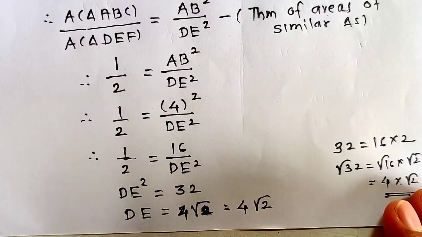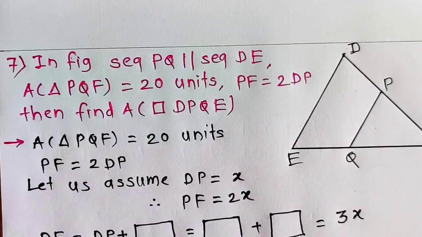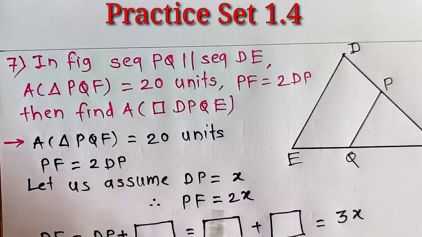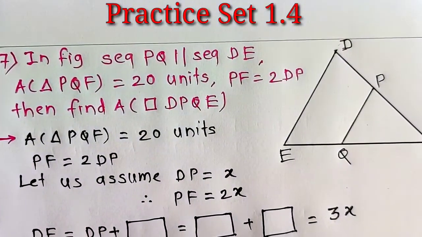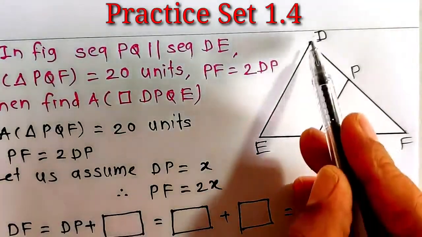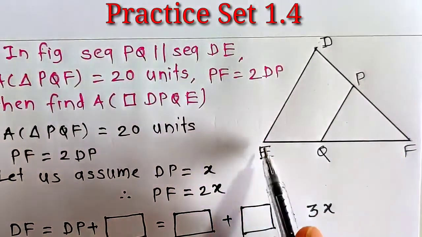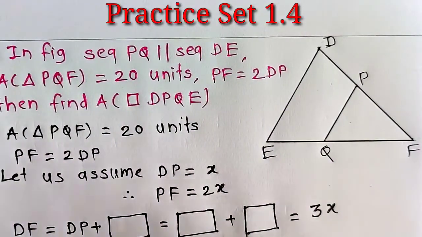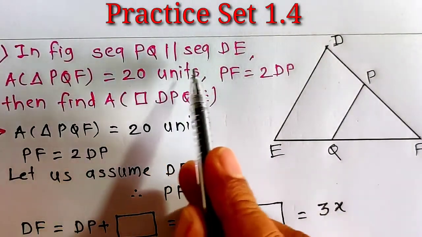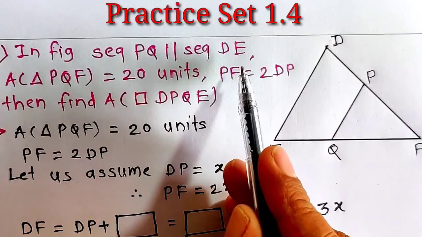Now let us see the last sum from this practice set 1.4. Here it is, the last sum. This is an activity based sum, the seventh sum. The figure is given, triangle DEF. In triangle DEF, segment PQ is parallel to segment DE.